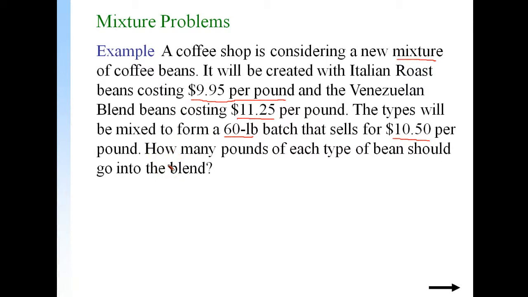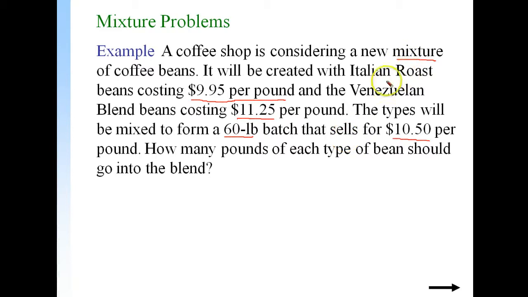Okay. Well, we know we're going to get a 60-pound batch out of this. So let's see what letters we can use. We're going to use roast blend.